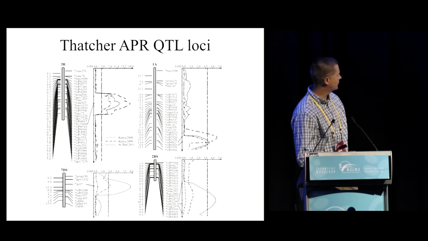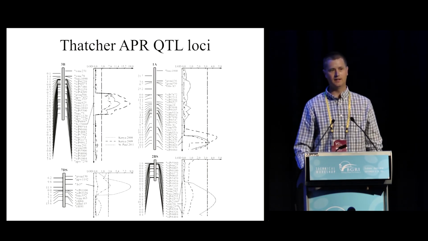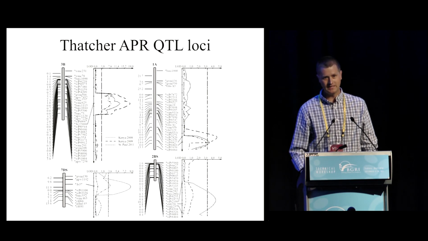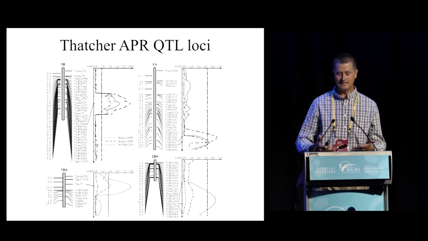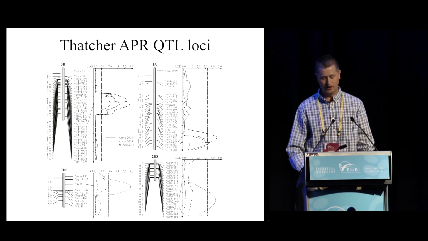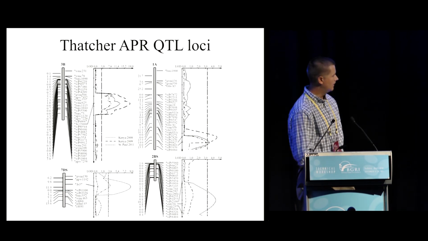This is interesting because SR12 is not effective to race TTKST at the seedling stage. You could say TTKST has defeated SR12, but SR12 is coincident with a very strong adult plant resistance locus in the field.